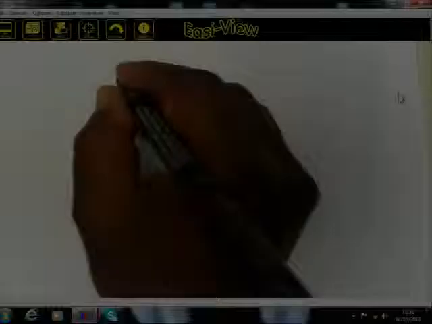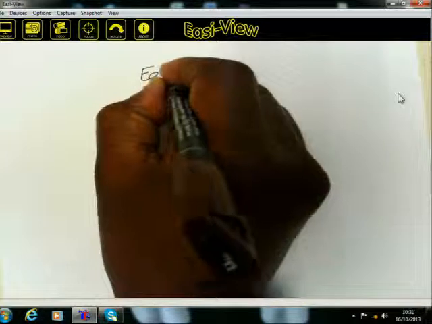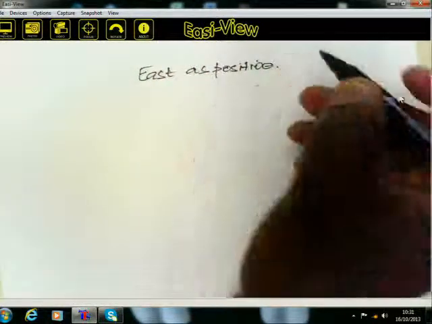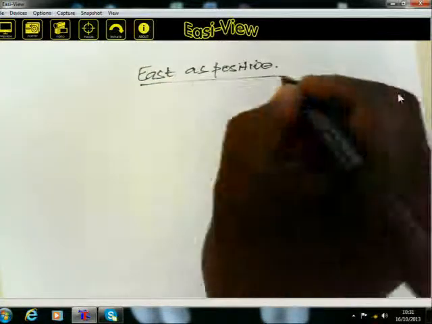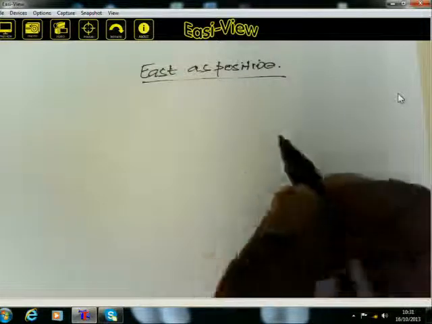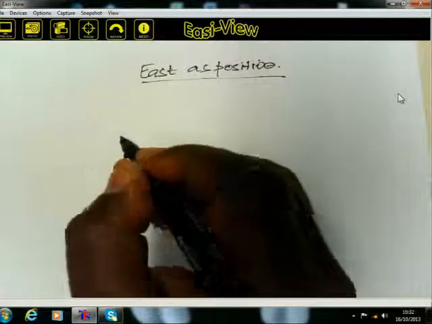For example, if you choose the direction east as positive, then that is the direction that you as a learner have chosen. Now you will determine the direction of the other objects.